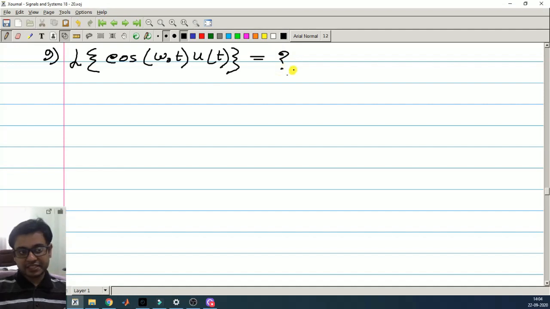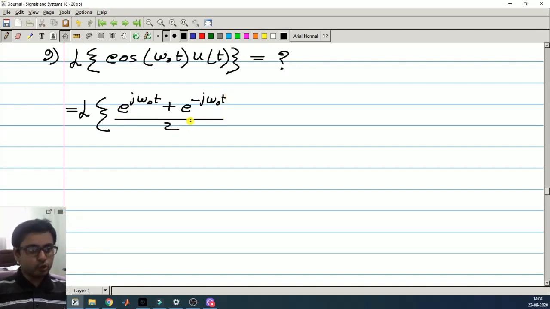What will this be? To find that, let me write cosine omega naught t as e to the power j omega naught t plus e to the power minus j omega naught t, whole divided by 2.